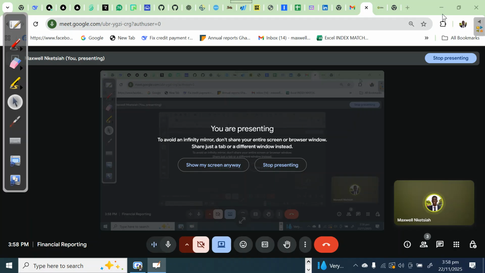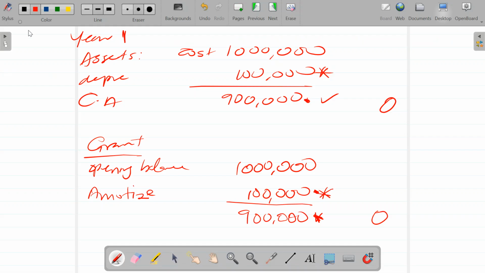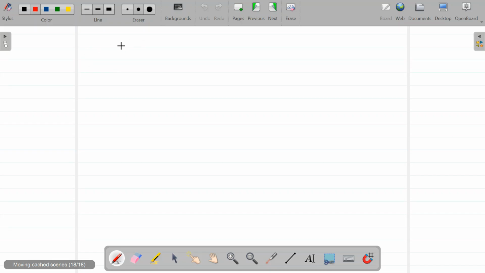So that's how we treat government grants. Let's look at another example. Let's say we have a capital grant, and we use it to purchase an equipment.